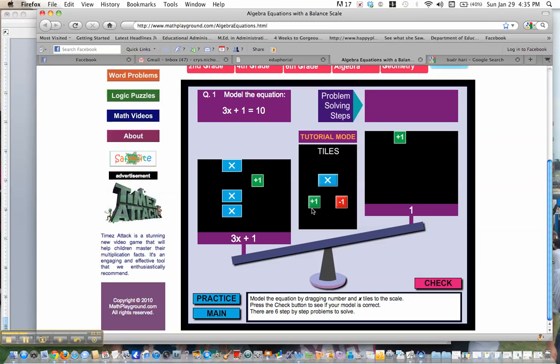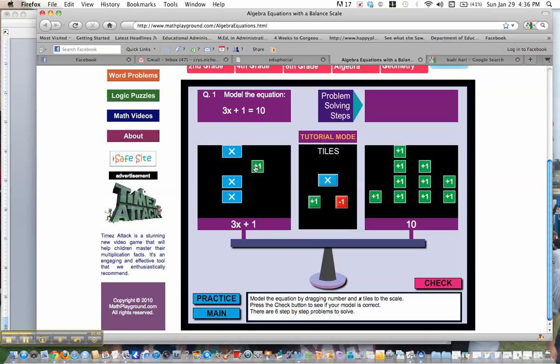It's positive 10, so I'm going to put 10 positive shapes. 1, 2, 3, 4, 5, 6, 7, 8, 9, 10. And notice that once I have 3x plus 1 over here and 10 over there, my scale balances itself. So you're going to do this yourself. After you get the equation here, you're going to click the check button, and it will tell you if you're right. It says your model is correct.